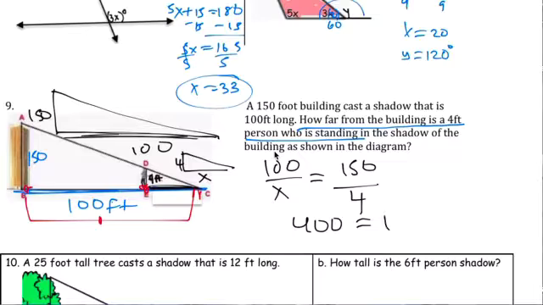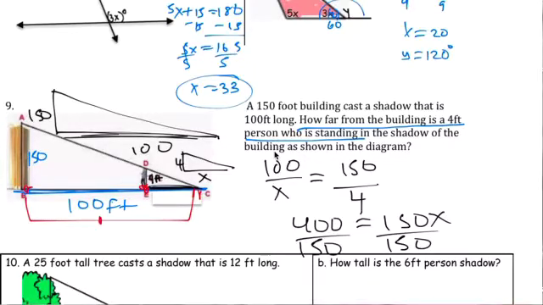400 equals 150x, times 2 is 300. It's just a decimal answer, okay? So let's see, what will it be? 400 divided by 150.